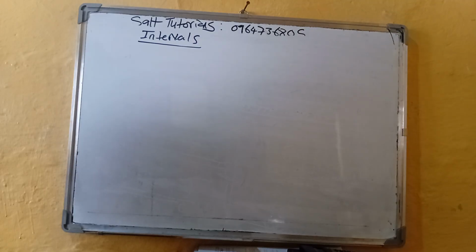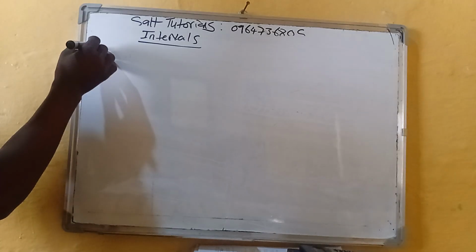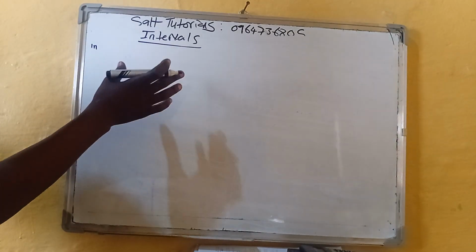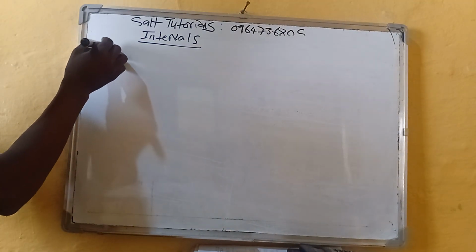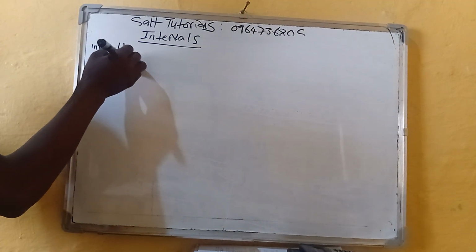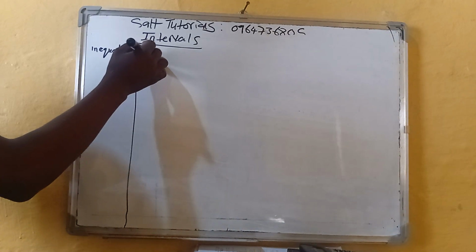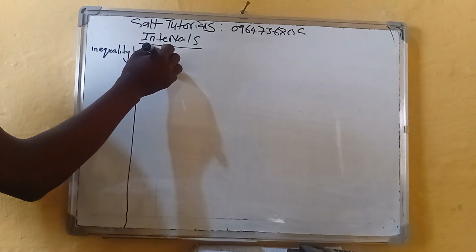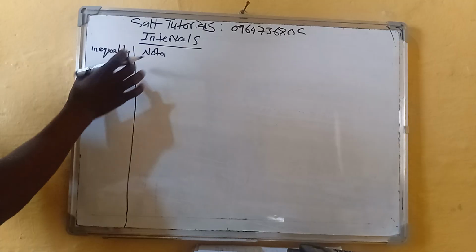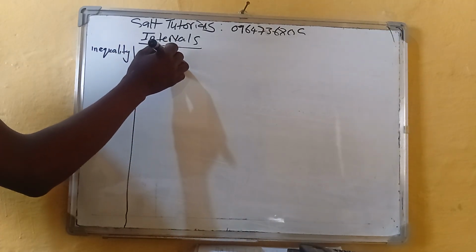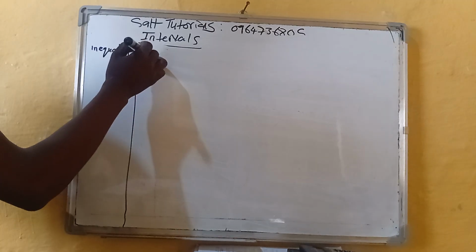There will be cases whereby we'll be looking at, because these intervals can be represented in inequality form or interval form and so forth. So I'm going to describe a table to describe certain intervals which we'll be looking at. So let's say we're going to have an inequality. I'm going to have the aspect of the notation on how we can represent that inequality in interval form, the interval notation. So let me say interval notation here.